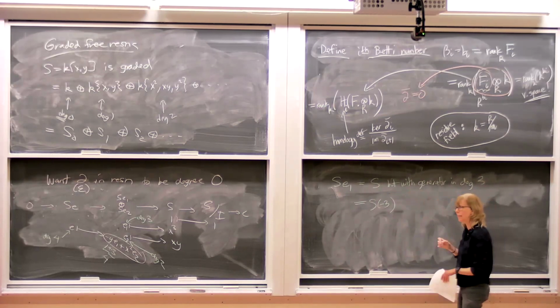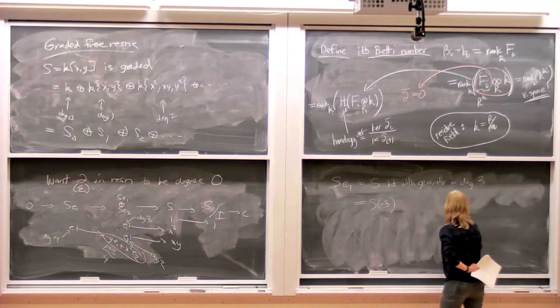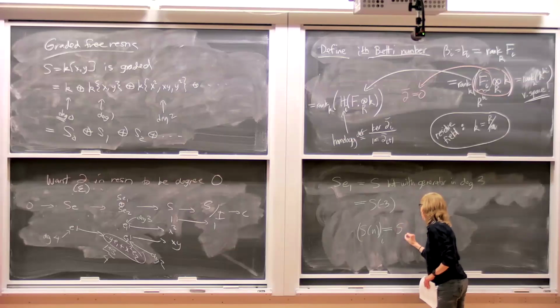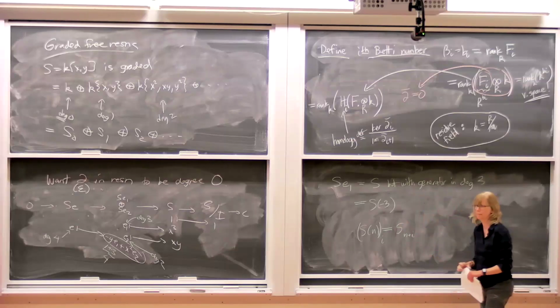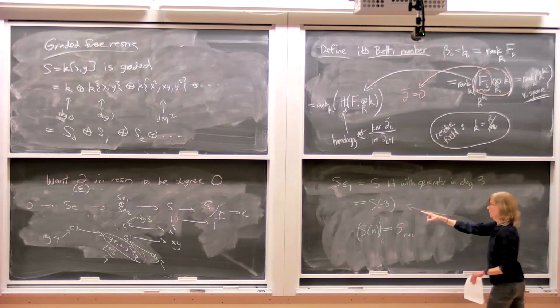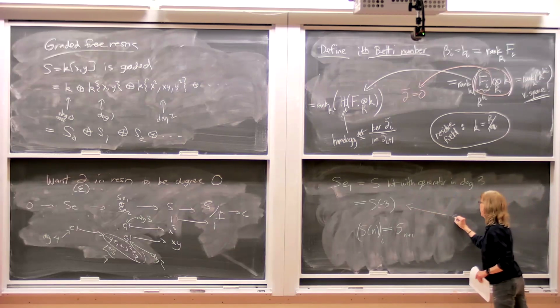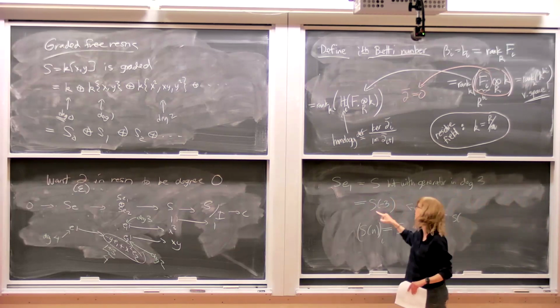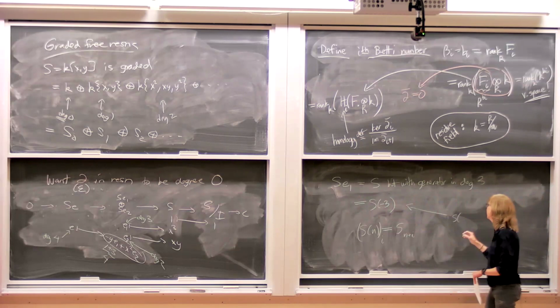So what does that really mean? That means S shifted by n, sitting in degree i, is S sub n plus i. So in other words, the one element of this ring should be sitting in degree 3. I want the base element to be sitting in degree 3. So let's check this ring in degree 3.